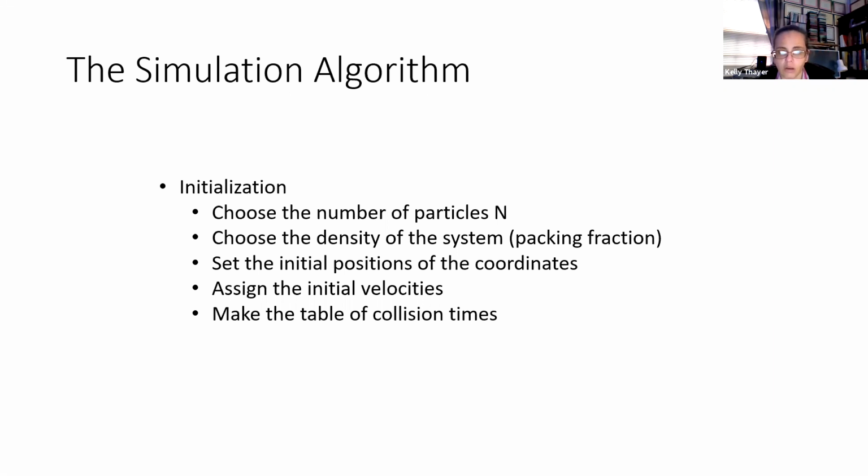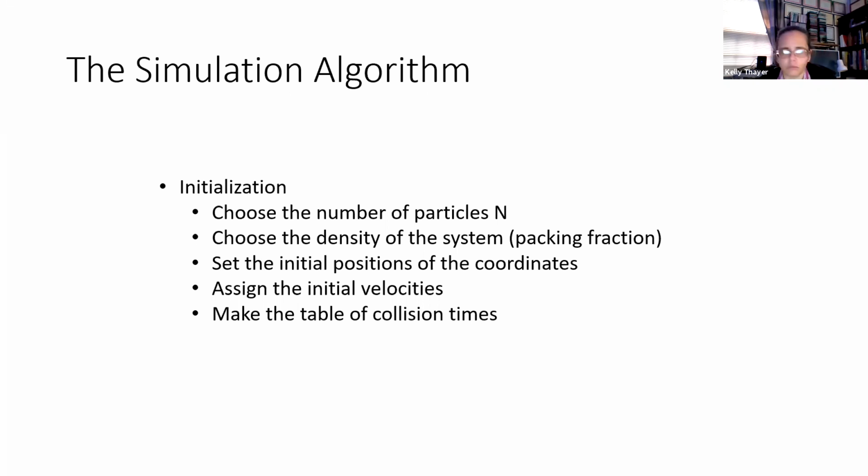However, can you think of any potential problems with that? Well, one problem is that the positions may overlap. That would be bad, because we said that the potential energy for that is infinity, and that would mean that our system would blow up. So that's not a good idea.